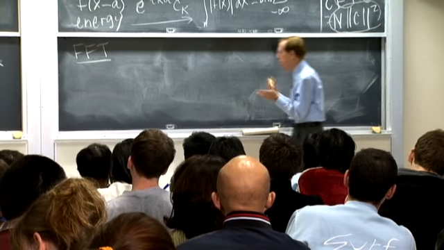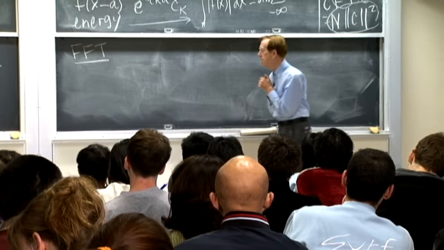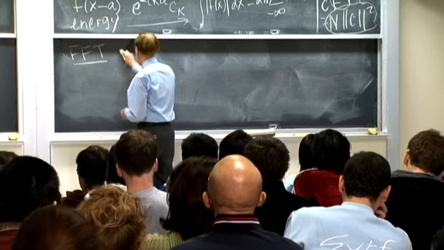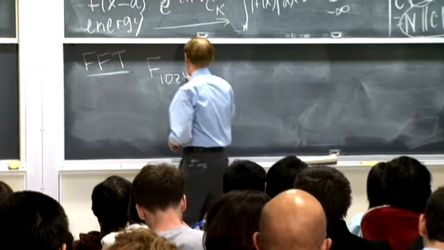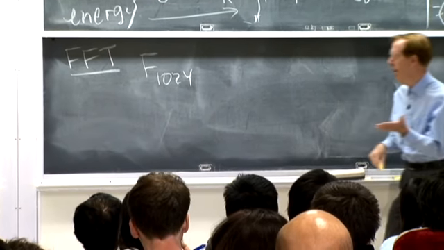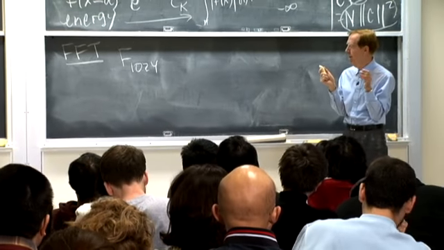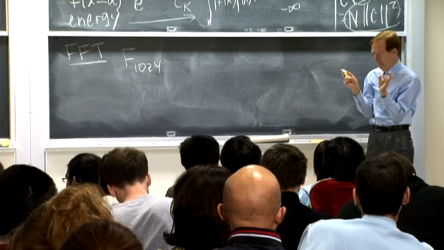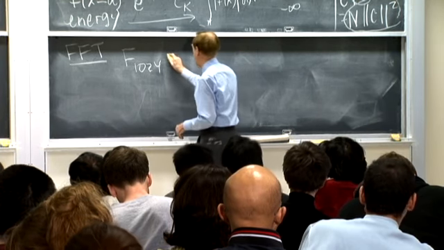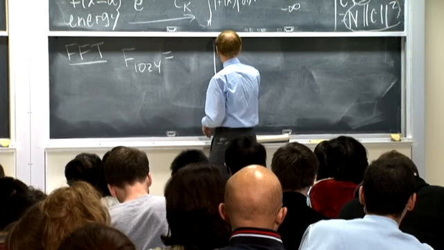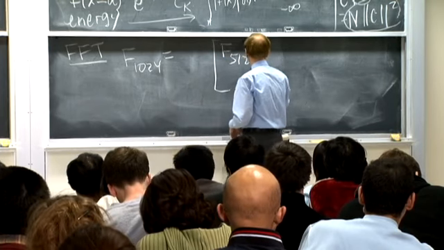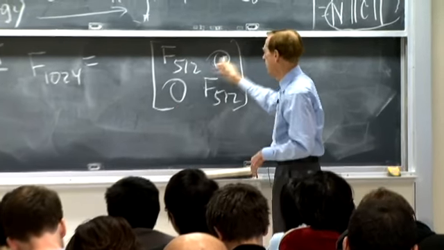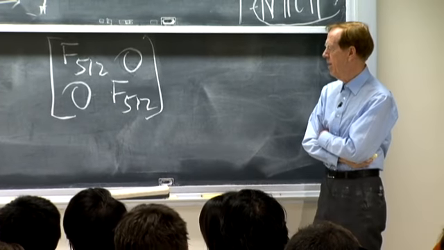So here's the main point: if I want to multiply by F of size 1024, the fast Fourier transform connects that full matrix to a half-full matrix that takes the half-size transforms separately. So it's half-full because of these zeros.